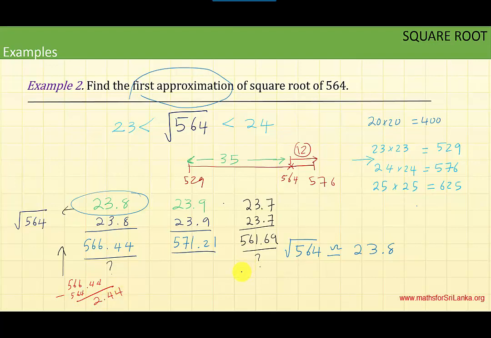And 564 minus 561.69 gives me 2.36. Now we can see here that 23.7 is a better approximation than 23.8. Therefore, the square root of 564 up to one decimal approximation is equal to 23.7.